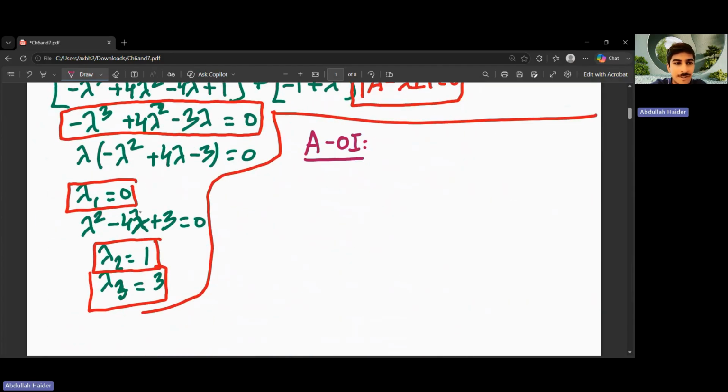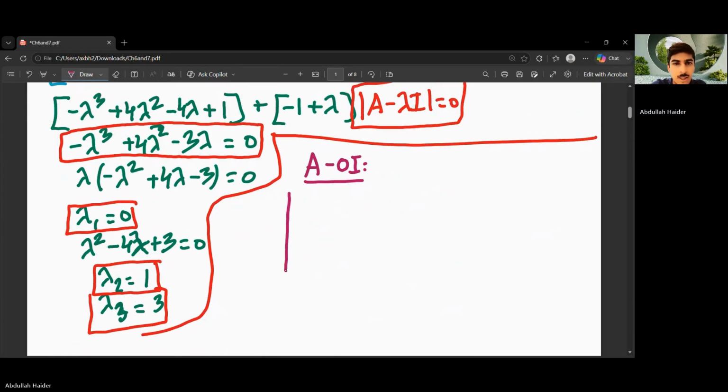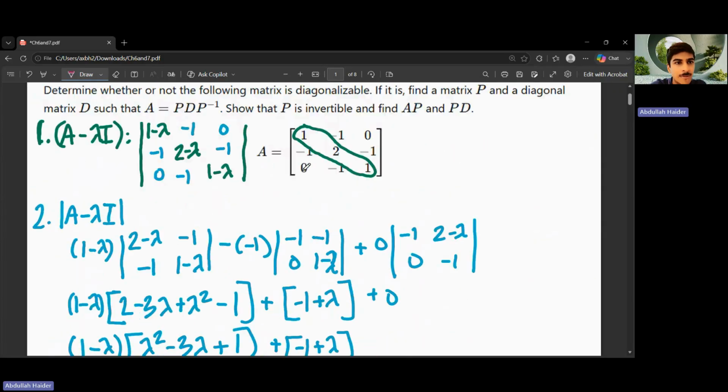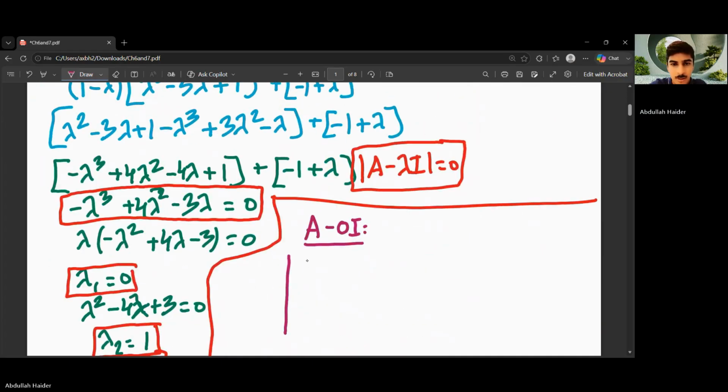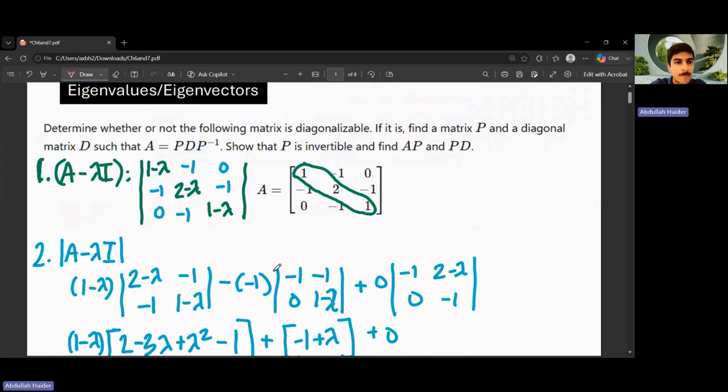So our first eigenvalue is 0, and our main equation was, so basically what I'll do is I'll substitute 0 everywhere for lambda. So 1 minus 0 gives me 1, and then there was a minus 1 and 0 here. Then minus 1, 2 minus 0, and minus 1.